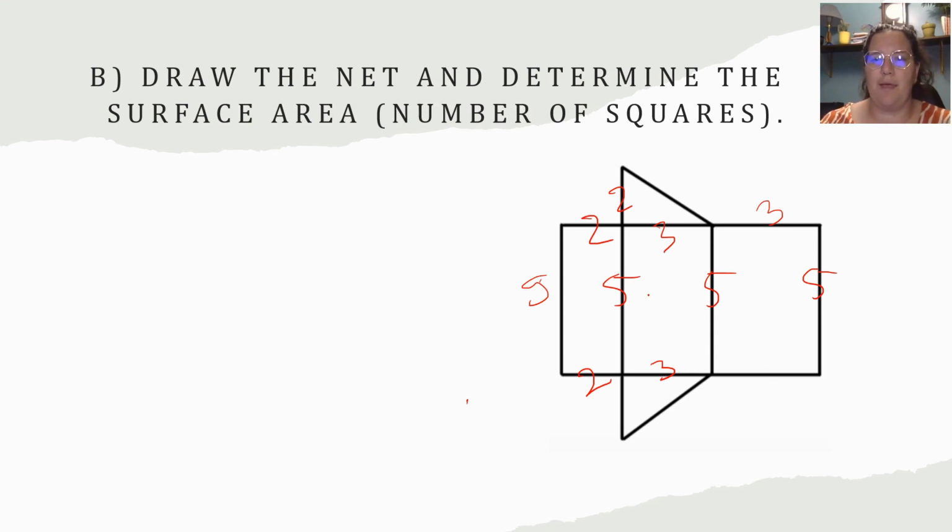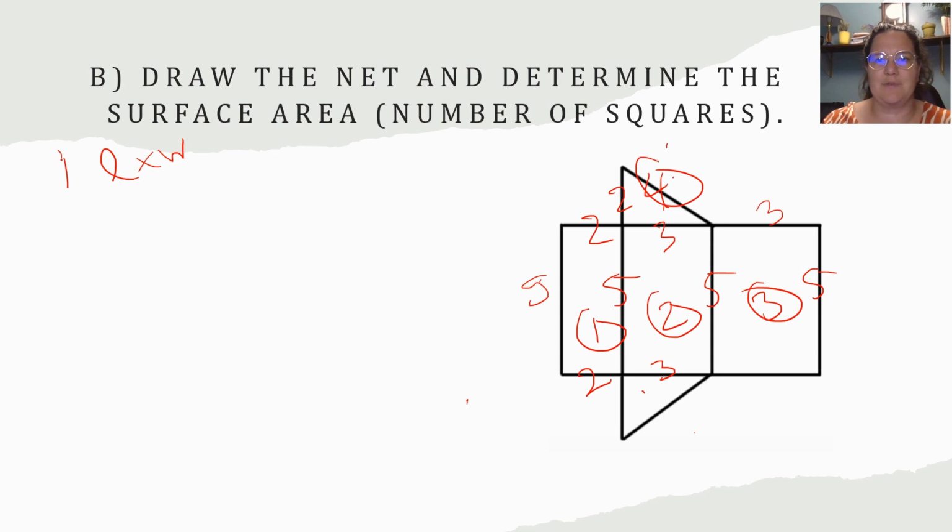So we have this section, we're going to calculate the area of sections 1, 2, 3, and then here we have matching ones at 4. The area of our first section is the length times the width, so 5 multiplied by 2, or 10 centimeters squared.